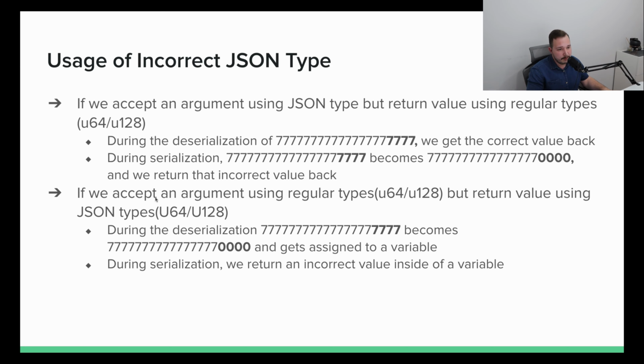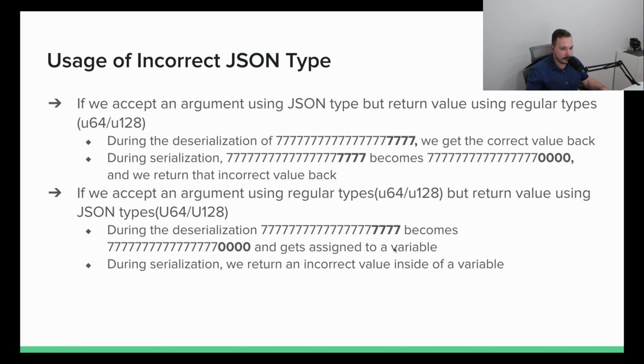And another example: we accept an argument using regular types, but return value using JSON types. So during the serialization of this, it becomes that value, which is not correct. User sends us this super large value, but during the serialization of JSON, we get this thing.